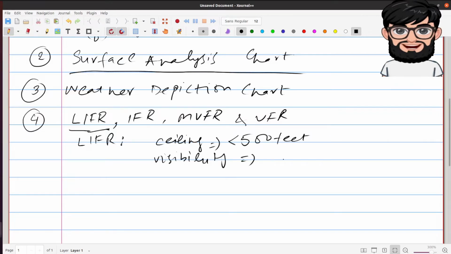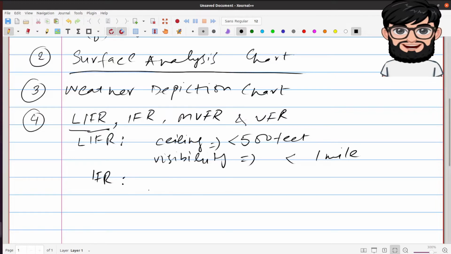So again, if the ceiling is less than 500 feet, meaning the sky is clear up to or less than 500 feet, and the visibility is not more than 1 mile, then the conditions are called the low IFR.